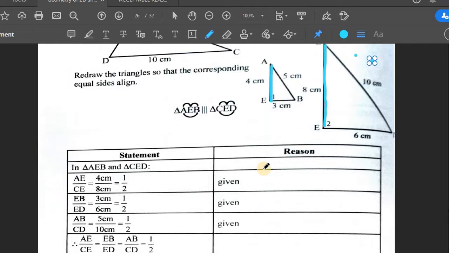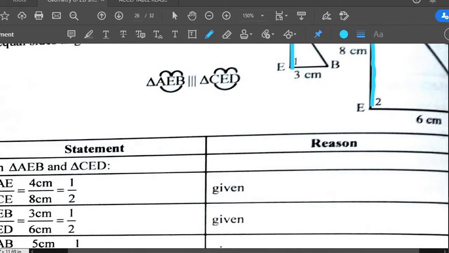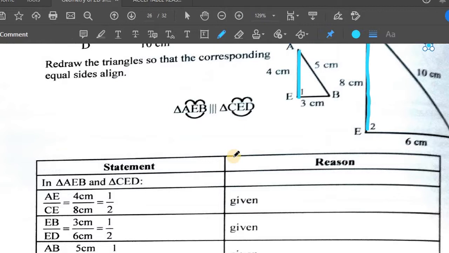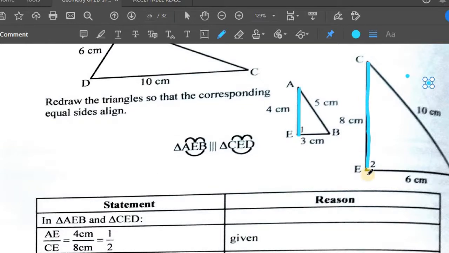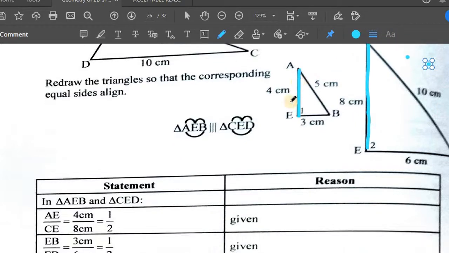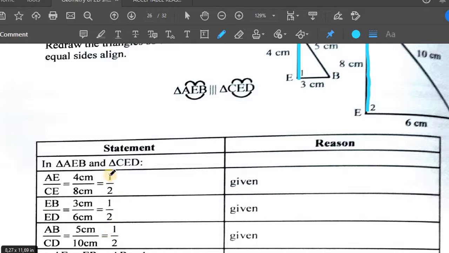Then we look now in triangle ABE. AE over CE, AE over CE. So we're taking the smaller one over the bigger one. Remember, I keep on saying this so we don't forget. Sometimes learners take the smaller one over the bigger one, then do the bigger one over the smaller one somewhere in the second or third step.